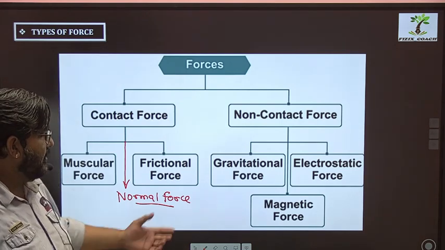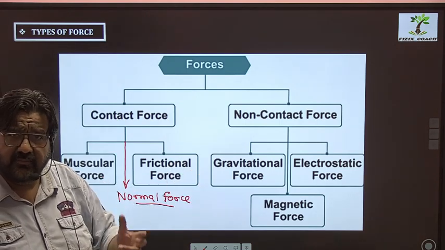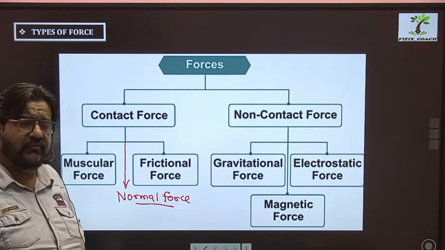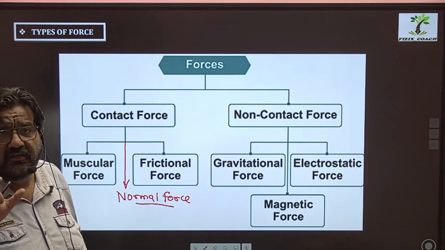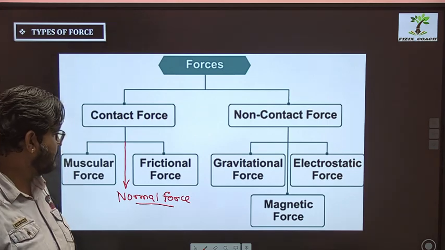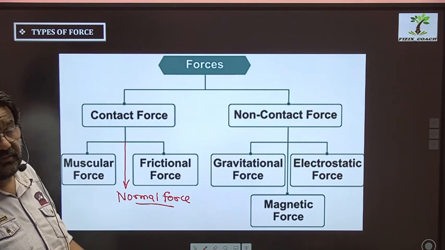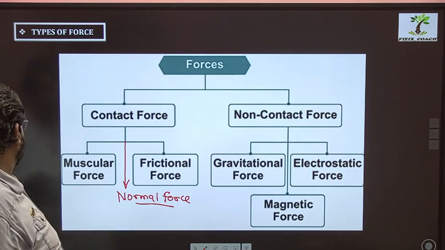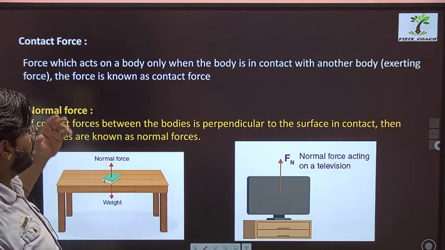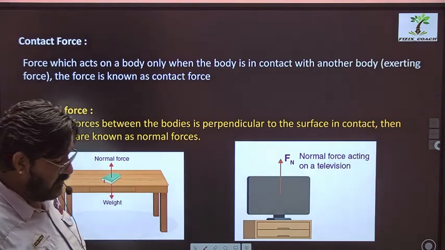Right? You might find the terms quite big and difficult, but they are not. We'll understand each and every force one by one. Let us start with contact forces. See, as the name suggests, contact. What does this mean?